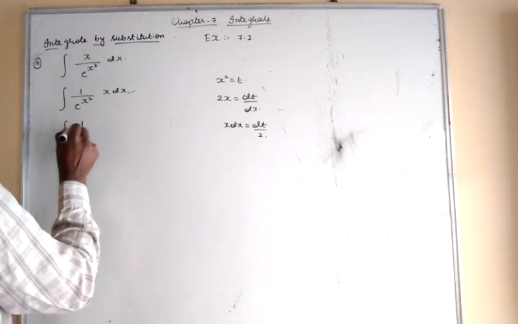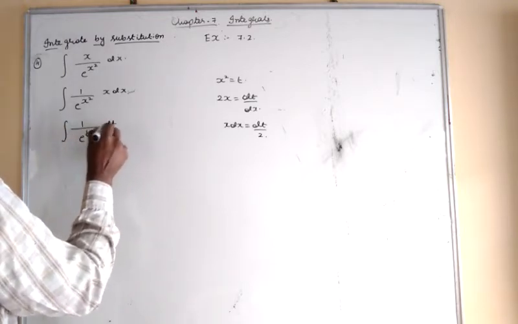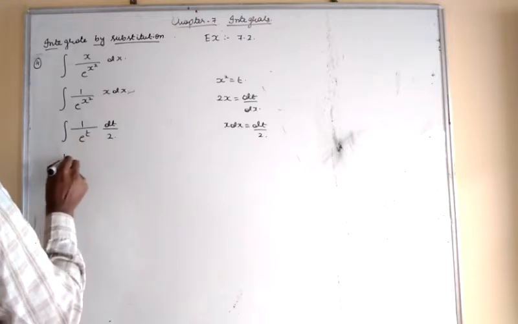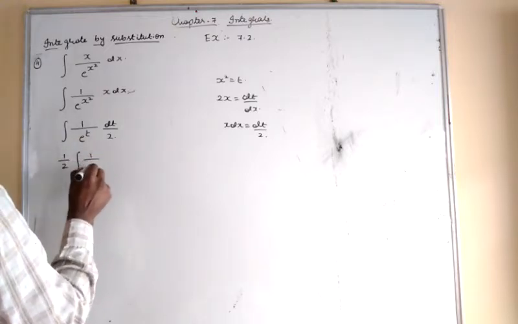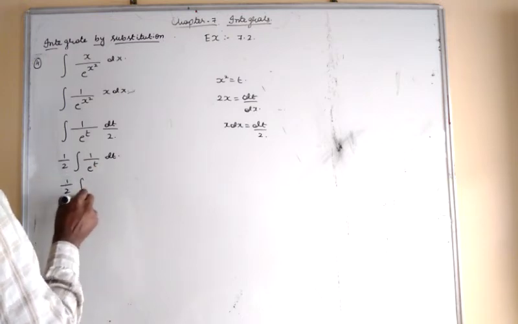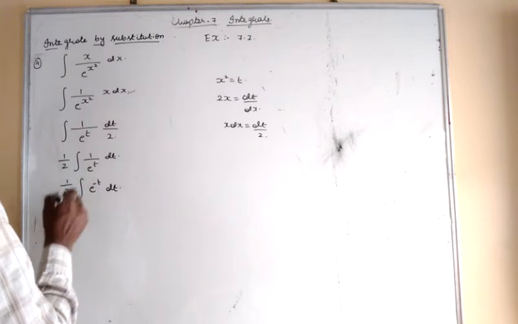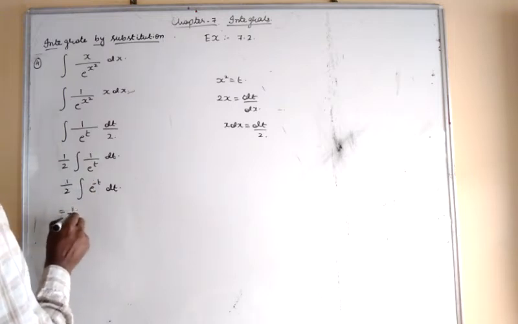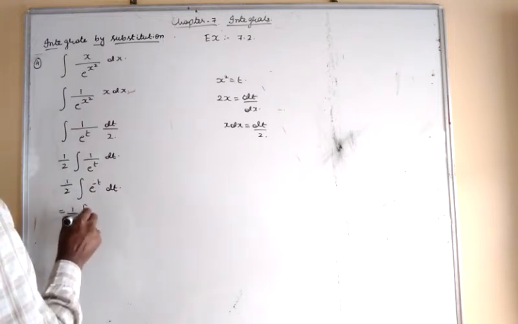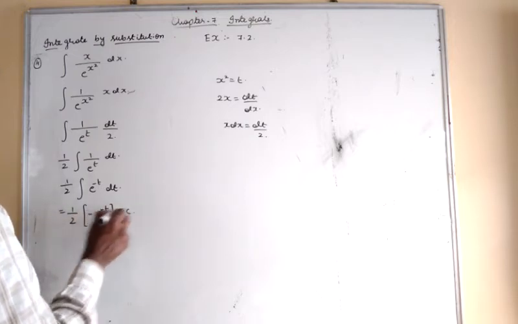Then if you substitute here 1 by e to the power of t, x dx means dt by 2. Then 1 by 2 is a constant, integration of 1 by e to the power of t dt, then 1 by 2, e to the power of minus t dt. So here minus is there, so that is equal to 1 by 2, integration of this is minus e to the power of minus t plus c.